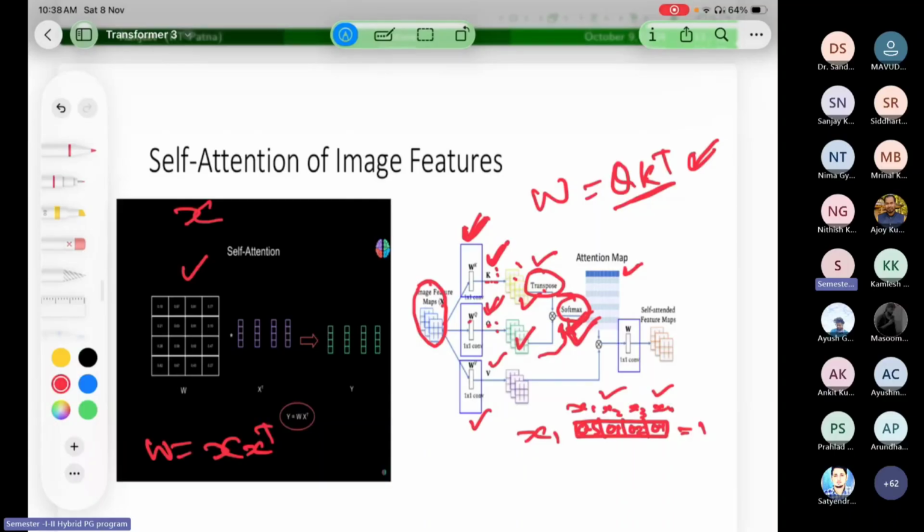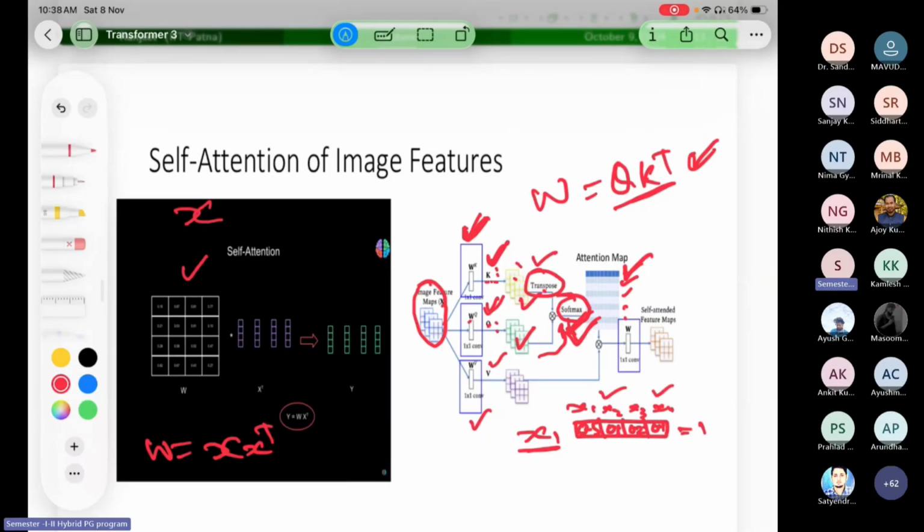So the total will be 1 only. So these are attention values to all those input vectors with respect to x1, and that's what we are getting here. Similarly for the second row, third row, and so on. So softmax we are applying for converting it into the attention values.